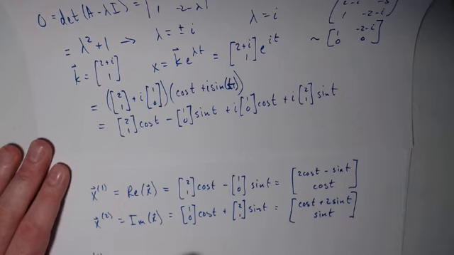And so our psi, our fundamental matrix, is just the matrix of those two solutions. So I'll take x1 first: 2 cosine t minus sine t, cosine t, and then cosine t plus 2 sine t, sine t.